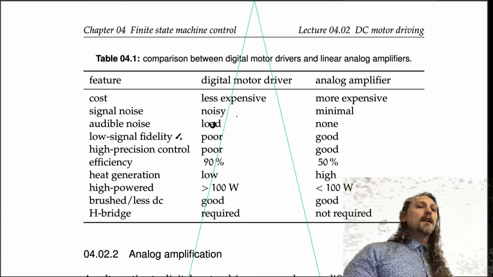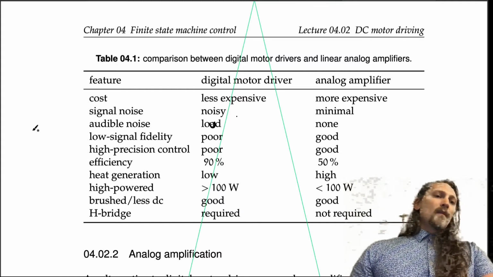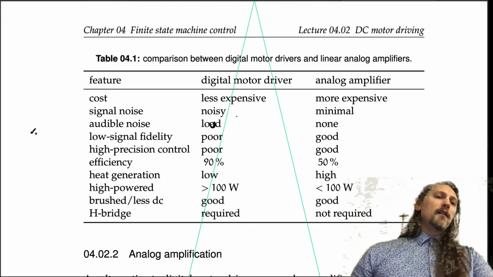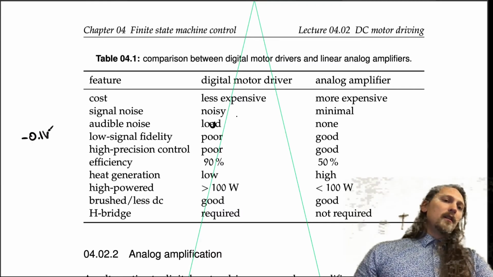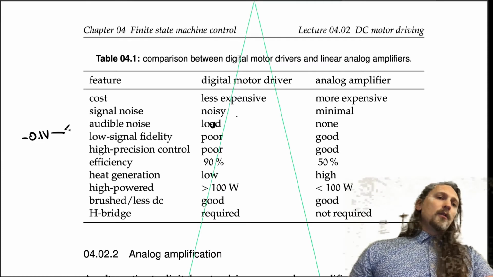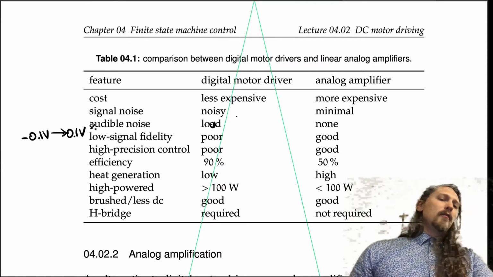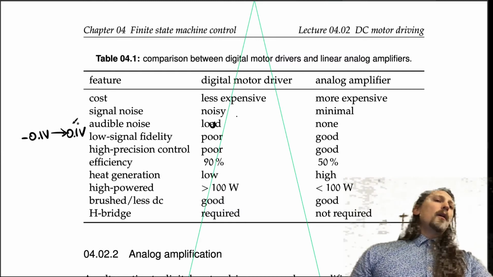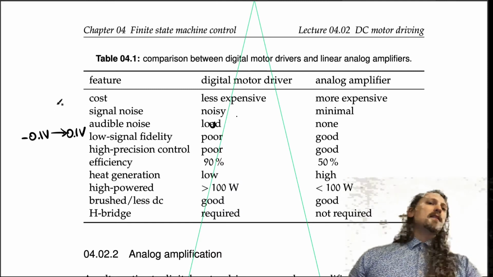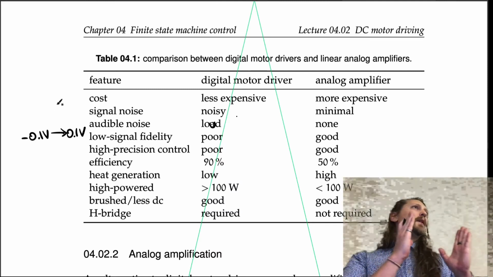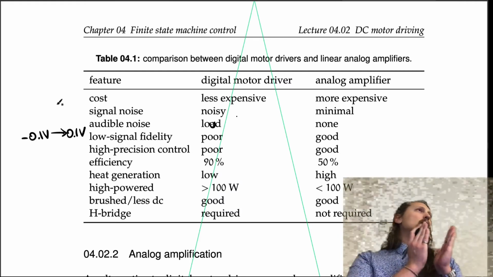Low signal fidelity. What we mean by this is that when you want to go from, say, a small negative voltage like negative 0.1 volts to a small positive voltage like 0.1 volts, you're going through 0 volts there, and your PWM duty cycle gets really small.